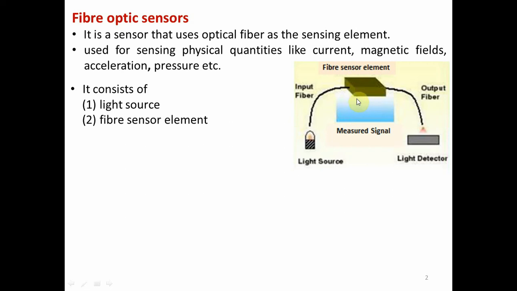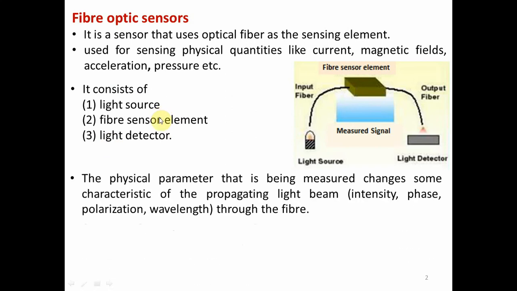Then this measured signal changes some property of the light, for example, intensity or wavelength, through the optical fiber, and that change is measured with the help of a light detector. These three are the basic components of a fiber optic sensor.